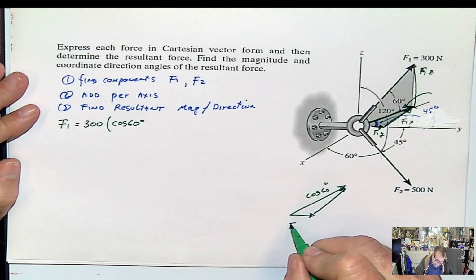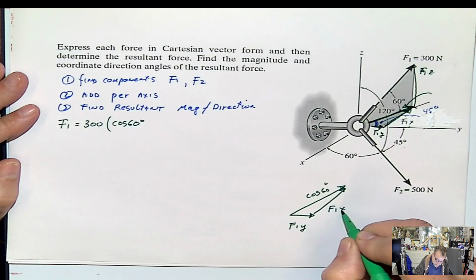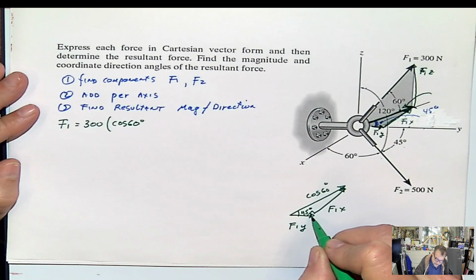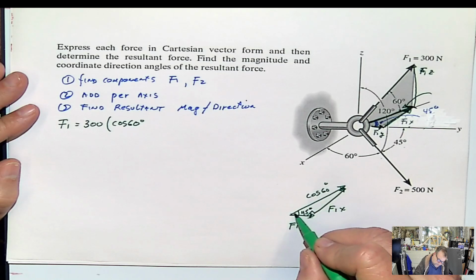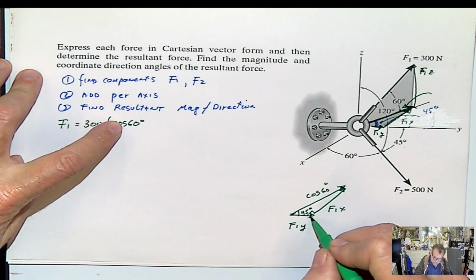This is the one that I call F1y, and this is the one that I call F1x, and this is 45 degrees. This is a 90-degree angle, and now if I need to find F1y, I just have to project this one into the axis.